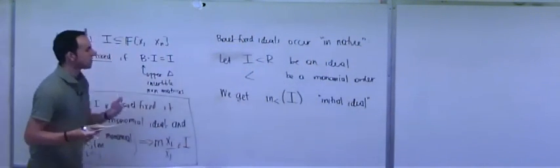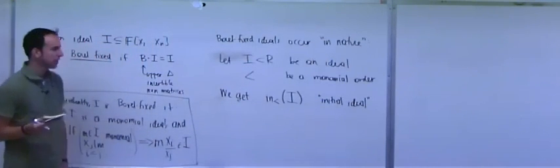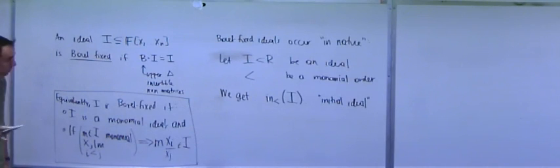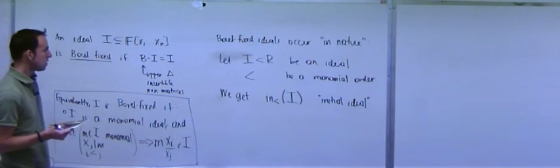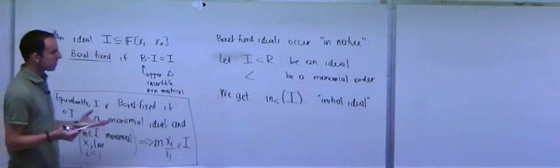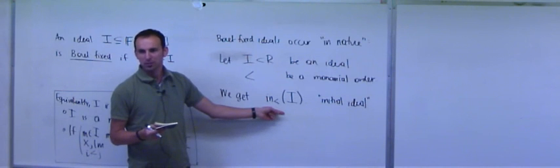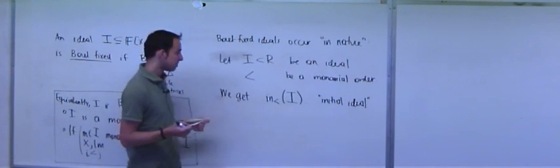The monomial ideal generated by the initial terms of all the polynomials in I. Well, what I want to tell you is that basically there is a way in which we might accidentally get the wrong answer here. But let me tell you what I mean by this.